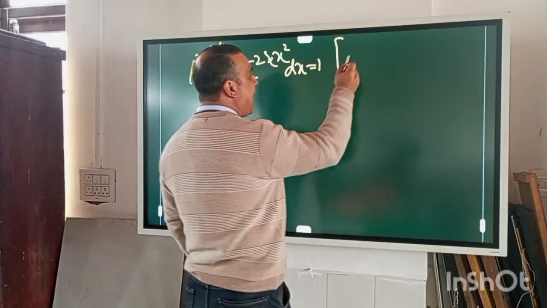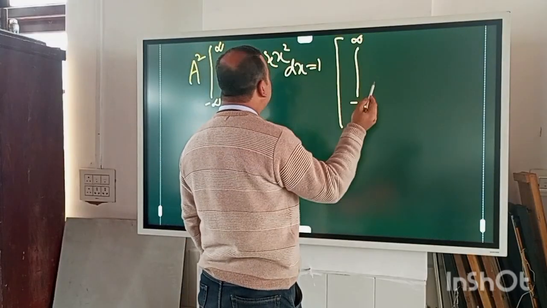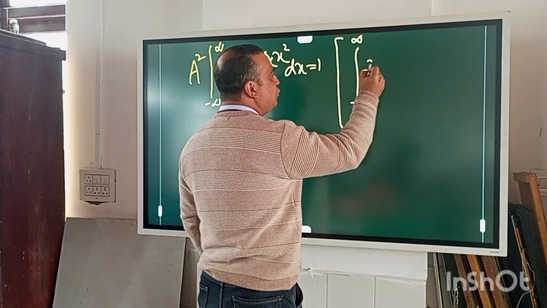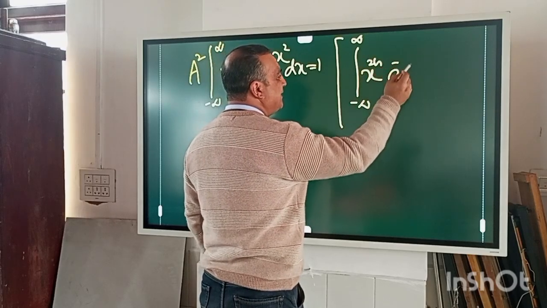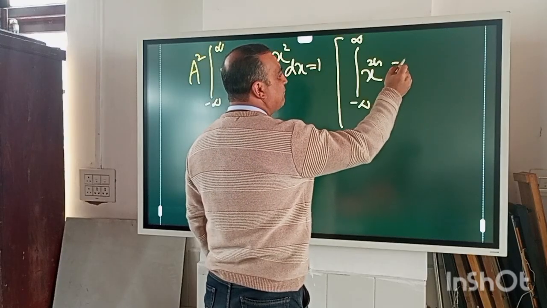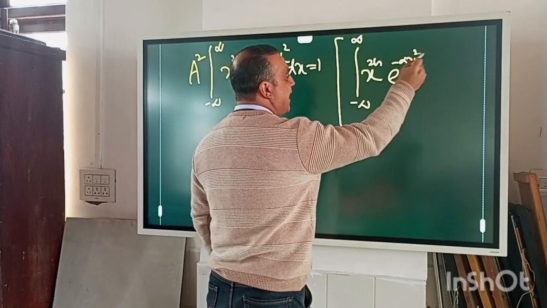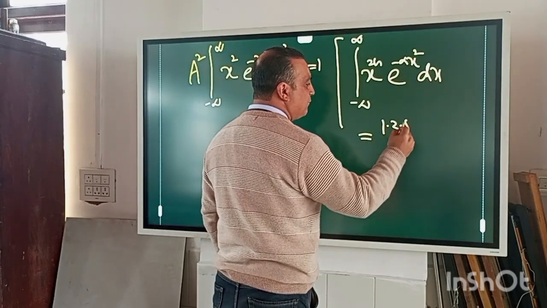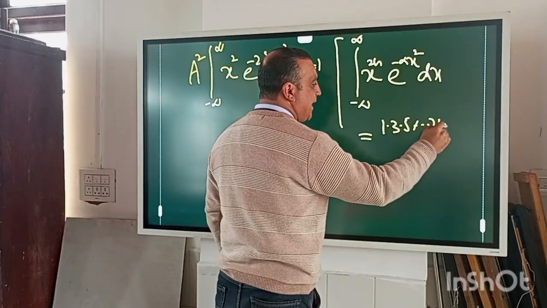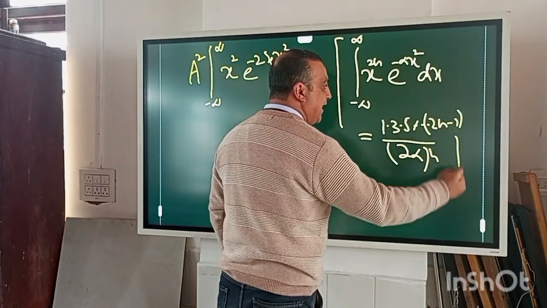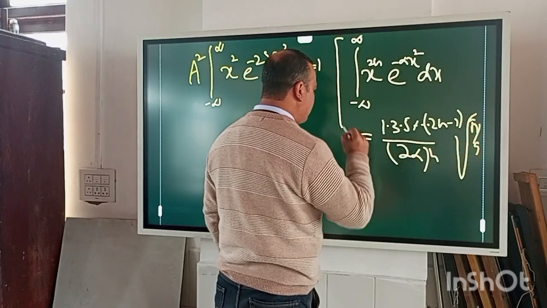Now we have the integral from minus infinity to infinity of x to the power of 2n e to the power of minus alpha x squared dx. This is equal to 1 dot 3 dot 5 and so on, up to 2n minus 1, divided by 2 alpha whole raised to the power n, under root of pi by alpha.